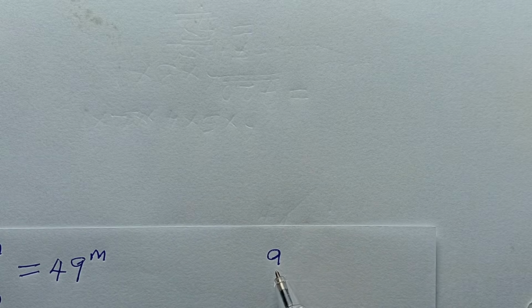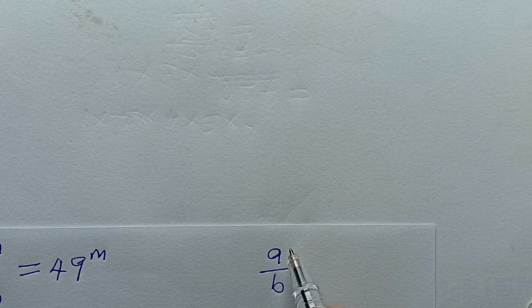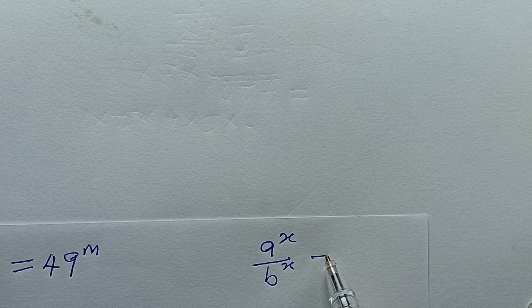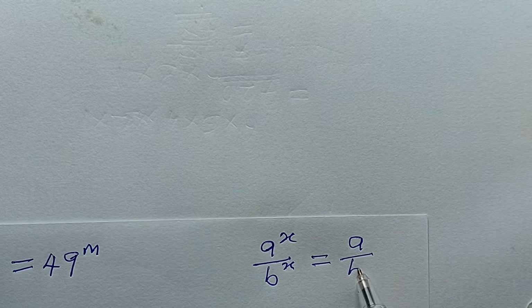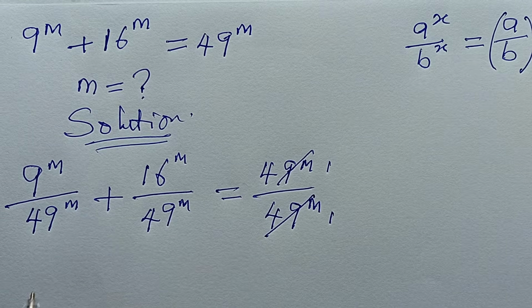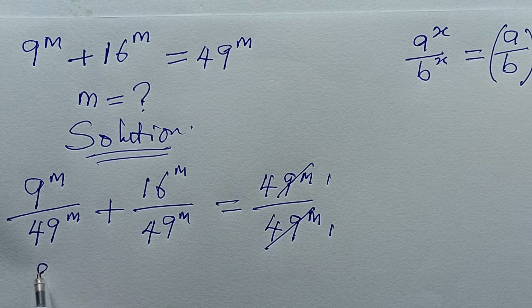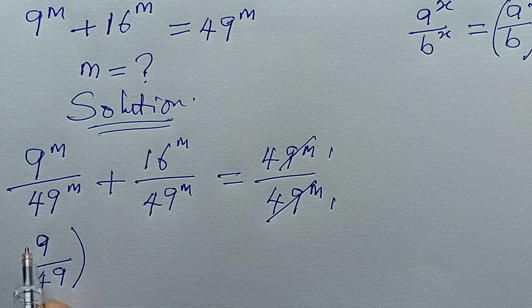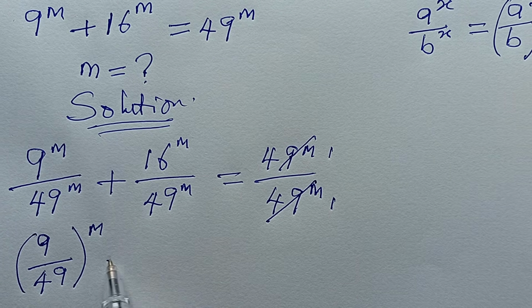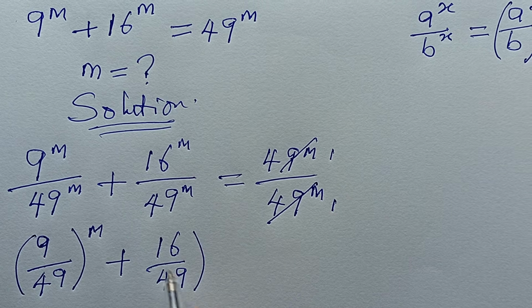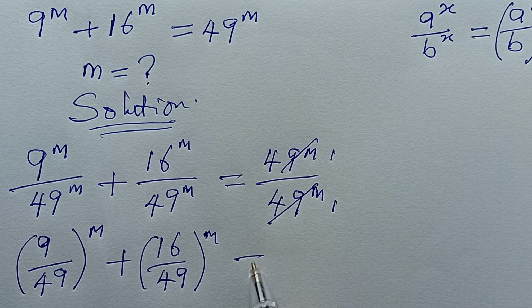And so the law says that when you have A all over B, where A is raised to the power of X and B is also raised to the power of X, this is the same thing as A all over B all raised to the power of X. So if we apply this law, we're going to rewrite everything as 9 all over 49 all raised to the power of m, plus 16 all over 49 all raised to the power of m, equal to 1.